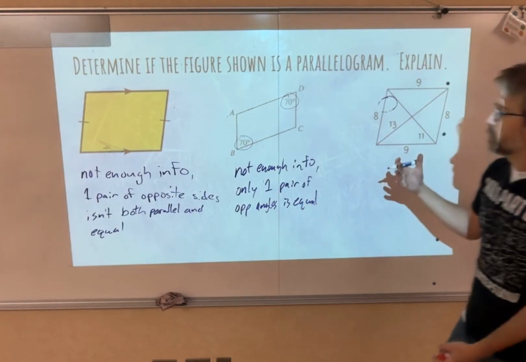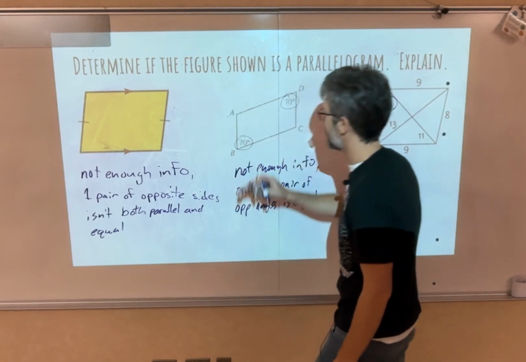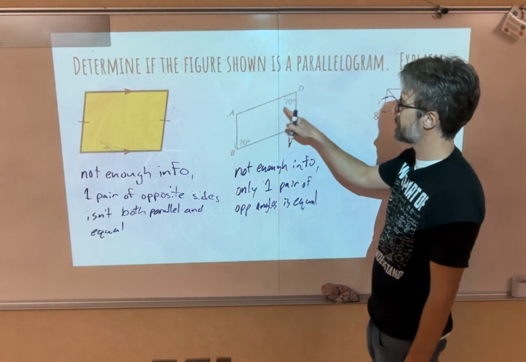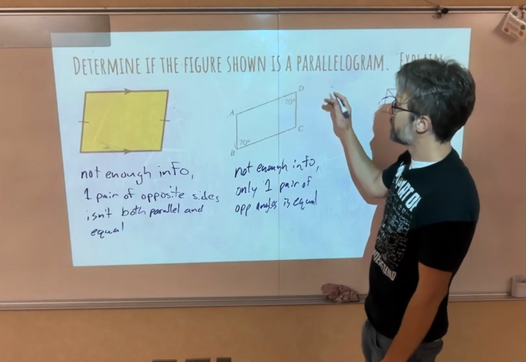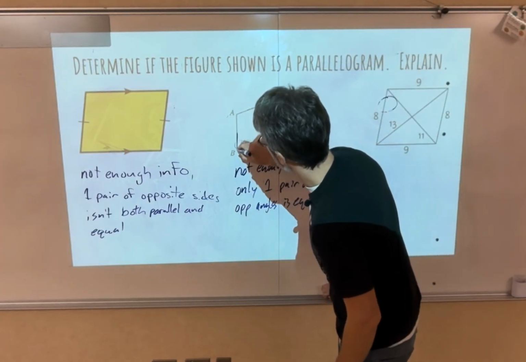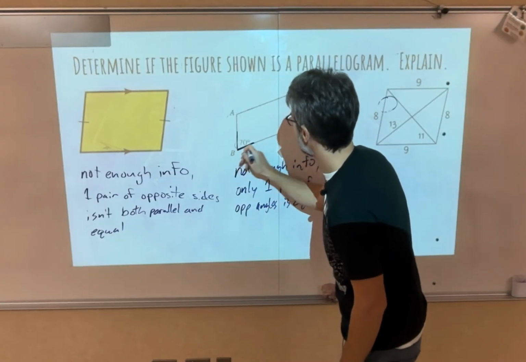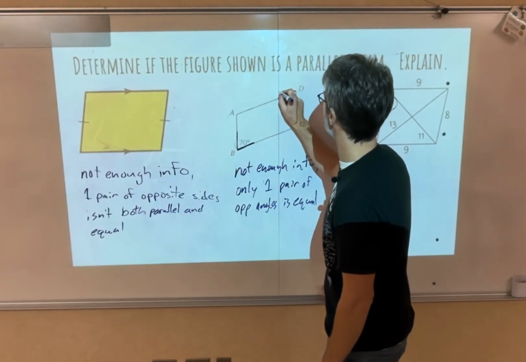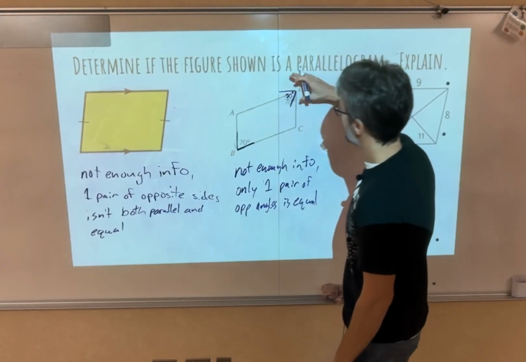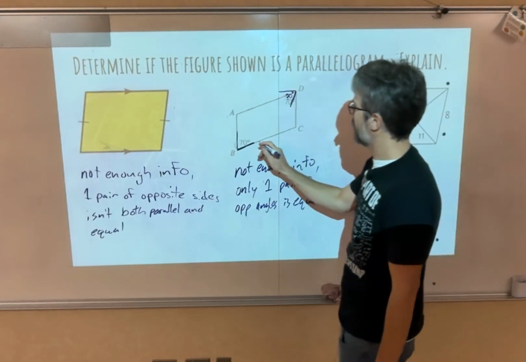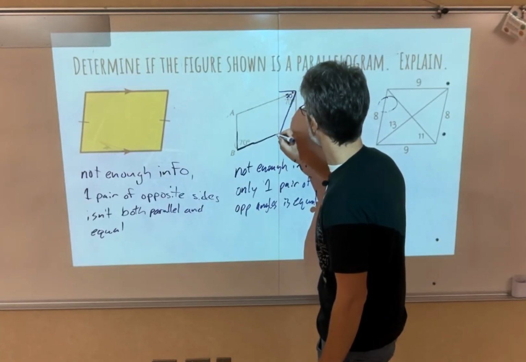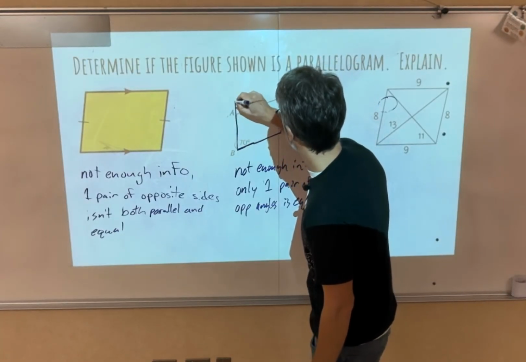So again, we can't really trust that this is drawn accurately. We only know for sure that this is 70 and this is 70. So let's say, for example, we'll keep this angle in the same spot. If I take this drawing and I just adjust it a little bit and we change that 70-degree angle to kind of point that way, right? Well, now this is going to create a shape that is definitely not a parallelogram, right?